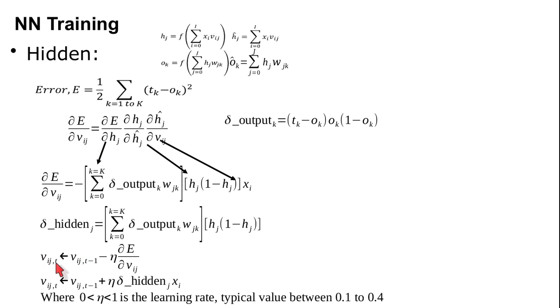Vij at iteration t, that means the new value of the weight, is equal to the old value of the weight, that means value of the weight at iteration t minus 1, minus the learning rate multiplied by the partial derivative of the error with respect to that weight. Now this evaluates to this value. Previous value of the weight plus learning rate multiplied by delta hidden j, which is defined like this, into xi.